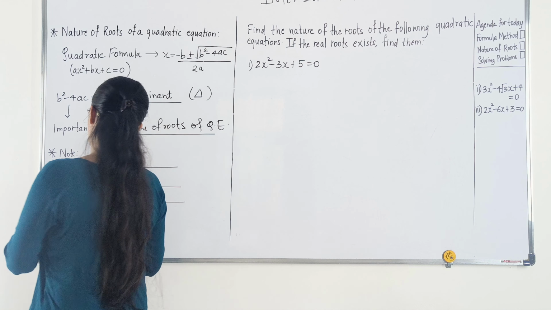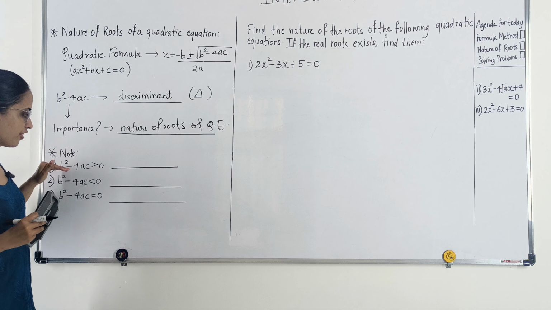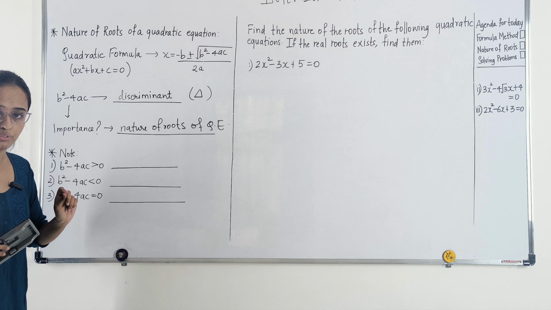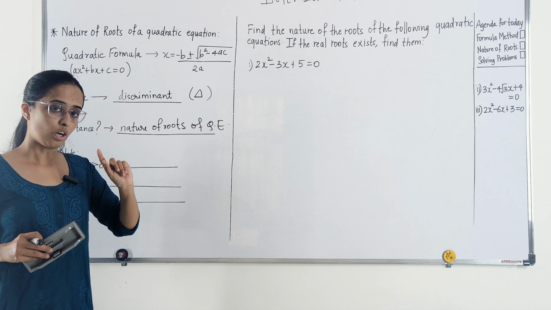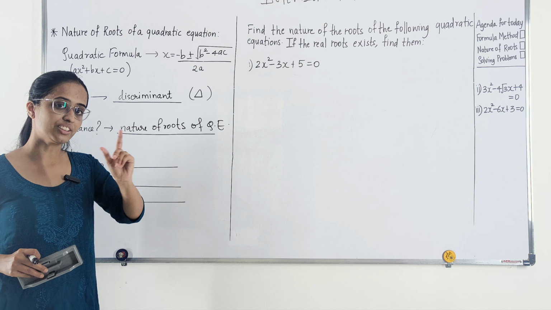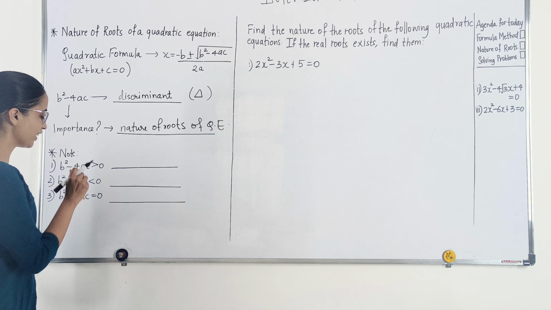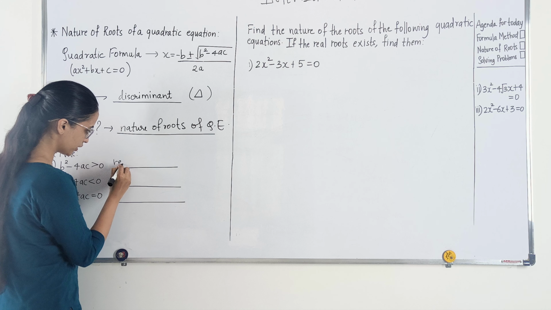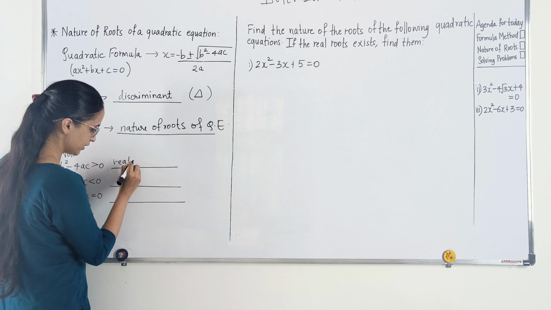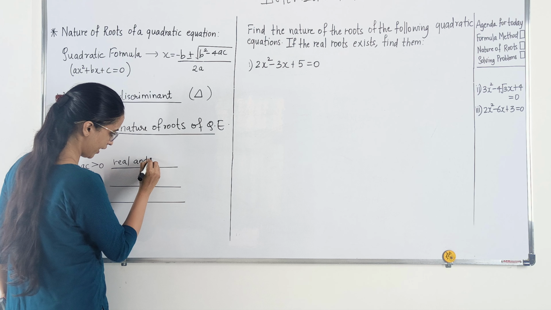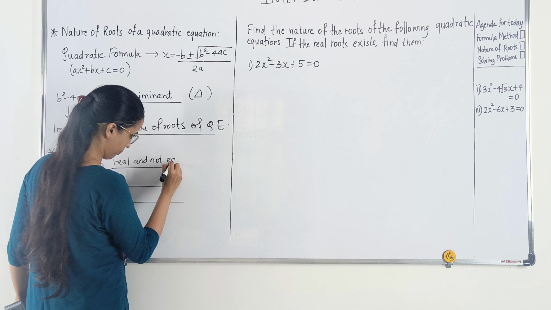So if the value for the discriminant is positive, so it is not negative and it is not 0, it's a positive number, then in this case the nature of the roots is real and they are not equal.